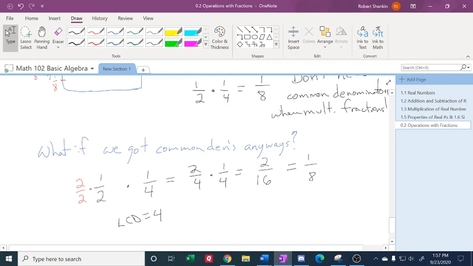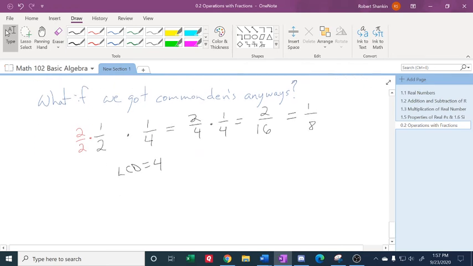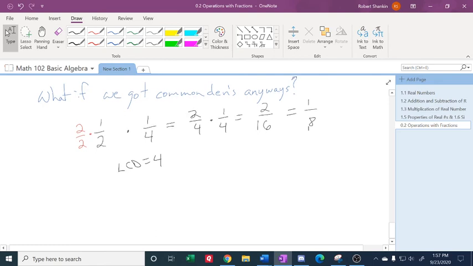The thing that we multiplied by eventually had to be undone later on, but it'll get us right back to exactly the same answer. Alright, so addition and subtraction, we have to have common denominators. And then multiplication and division, we don't. But if we got them, it wouldn't really hurt us. It would just be extra work.